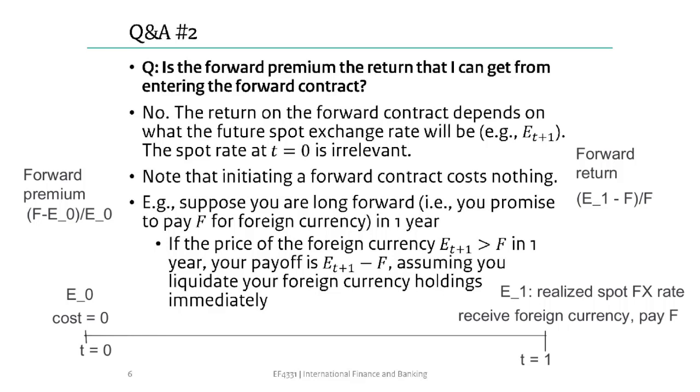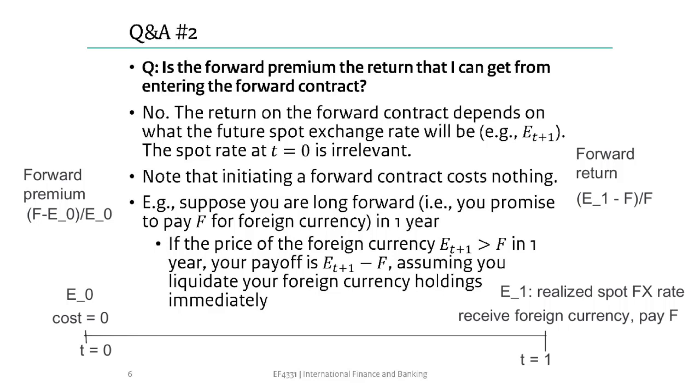So the return on the forward contract depends. The return is different from the forward premium. I remind you again, the forward premium is the difference between the future price and the spot price today, and F is supposed to represent beliefs about what that future spot price should be. But you can actually enter a forward contract expecting a return if you decide to, for example, take advantage of what the current spot price is in the future.